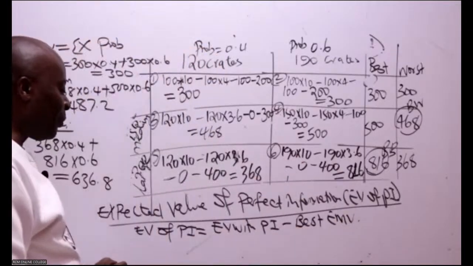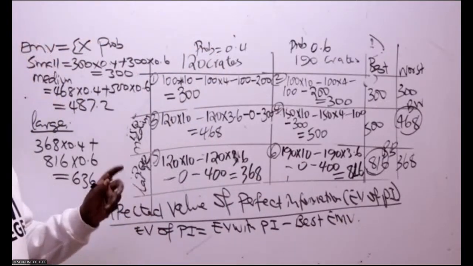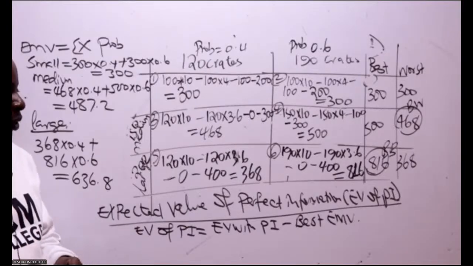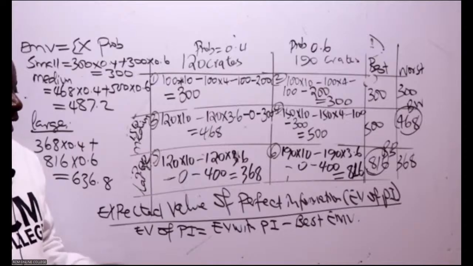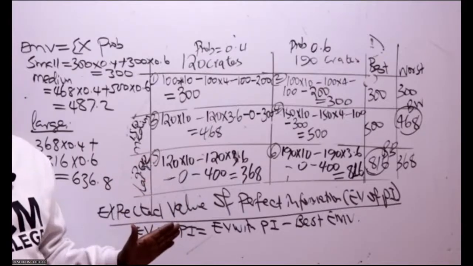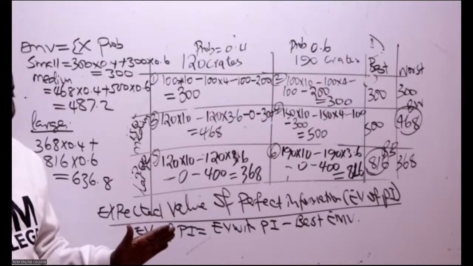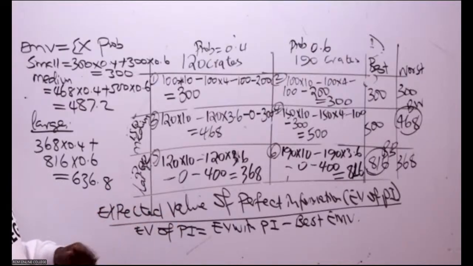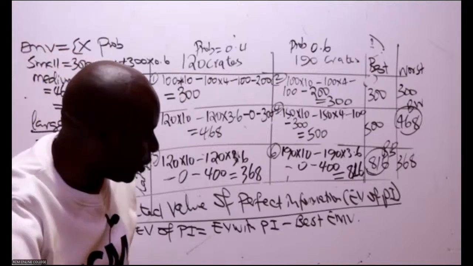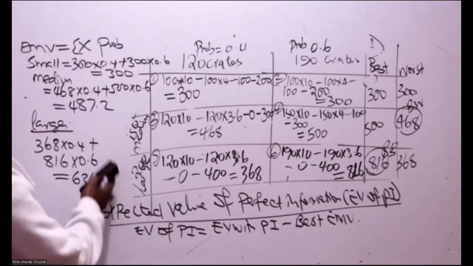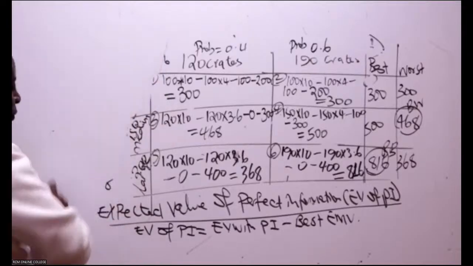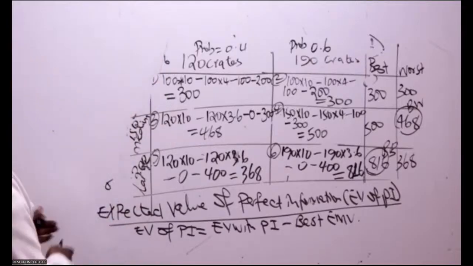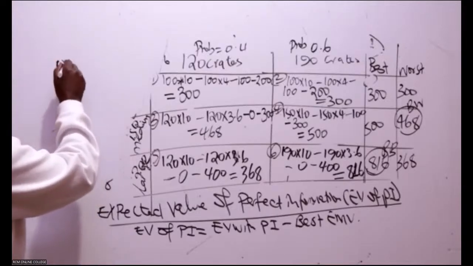So please write up there that expected value of perfect information equals EV with PI, expected value with perfect information, minus best EMV. Now please listen. I will first compute this EV with PI.